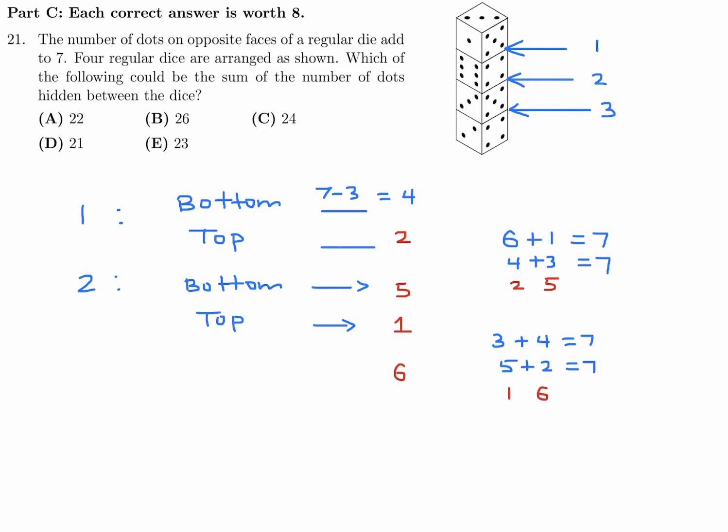And that brings us to talking about region 3, where we're going to have the bottom of the third die, which we have already established as a 6, and the top of the fourth and final die. Okay, that one we have to talk about. Well, we are given 2 and 4, so that means we've got 2 and 5.